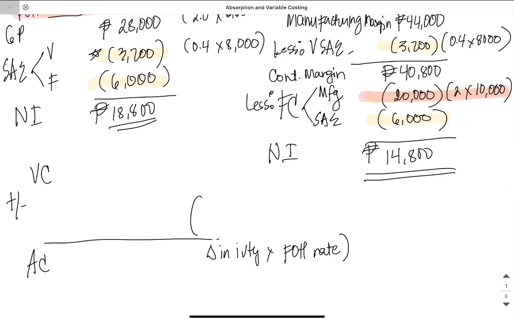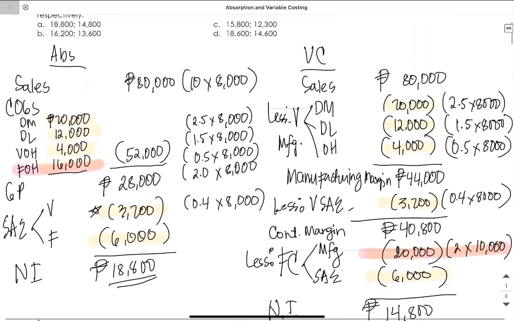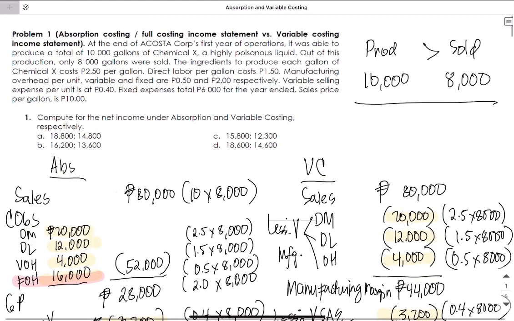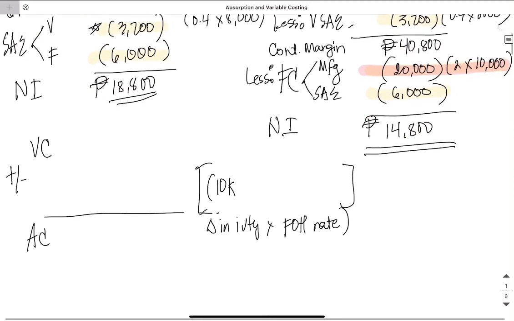Change in inventory is simply production less sales. Our production here is still 10,000, but our sales is 8,000 only. Then multiply this by 2.